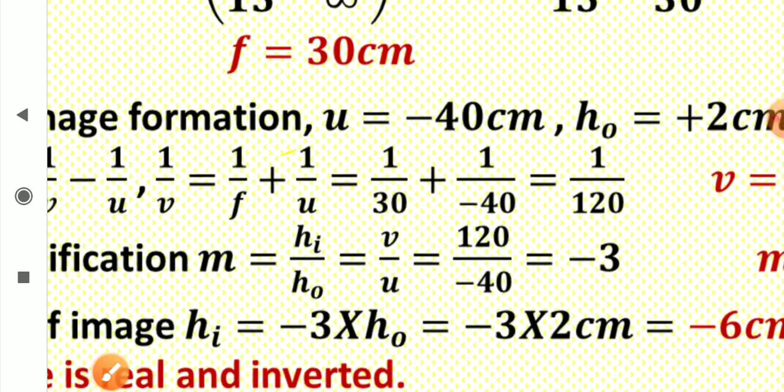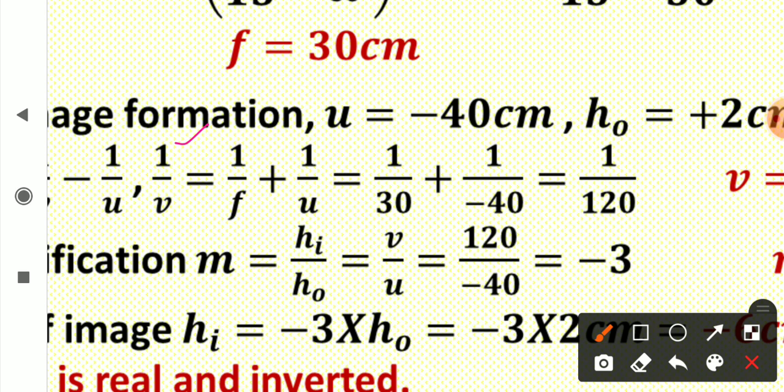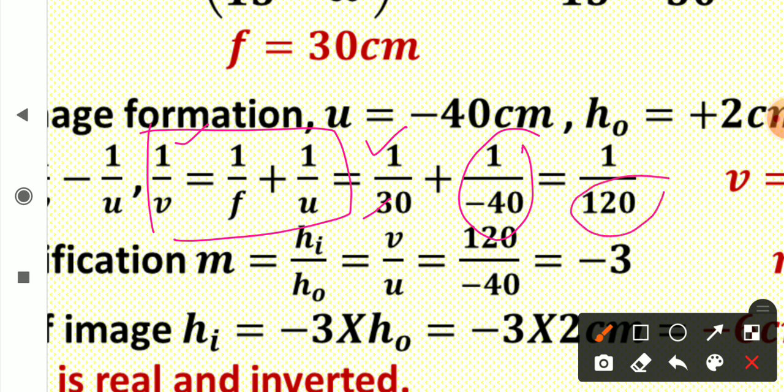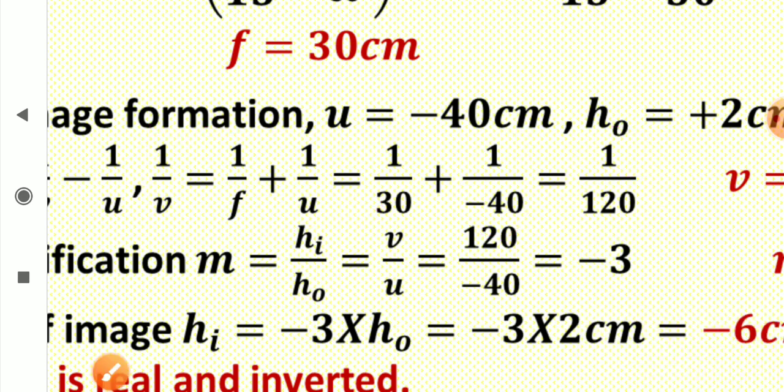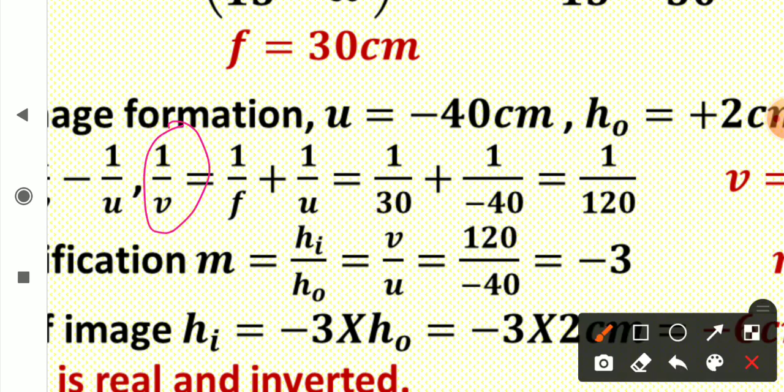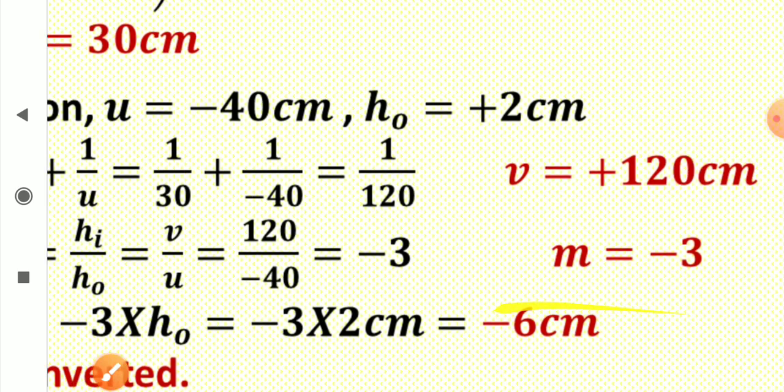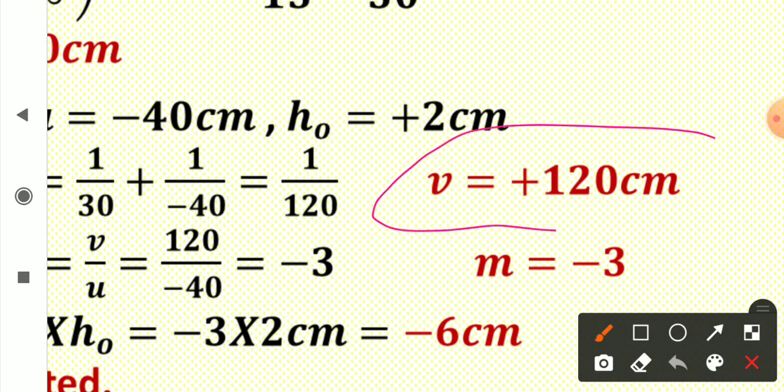What you get now is 1/v = 1/f + 1/u. Putting in the values, that is 1/30 + 1/(−40). Take the LCM and simplify, and you get 1/120. Take the reciprocal, and you get the position of the image as plus 120 centimeter.